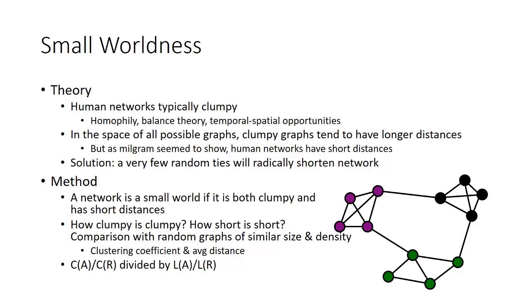And they compute this ratio: the clustering coefficient of your actual network divided by the clustering coefficient of a random network, divided by the typical path length, that's what the L is, of your network, divided by the path length of a random network. And when that ratio is high, it means that your network has this property of being short path, but highly clustered. And there's a routine in UCINet called small world.